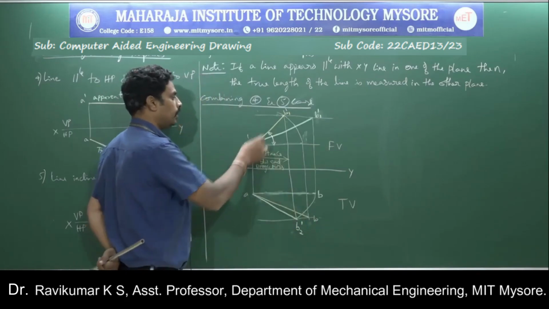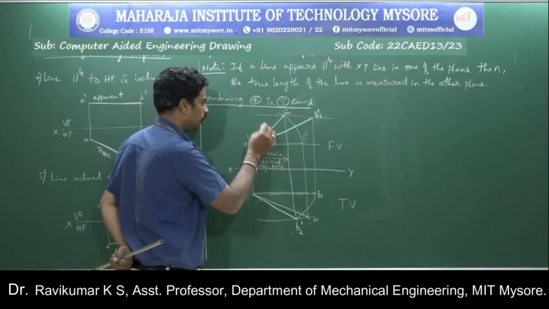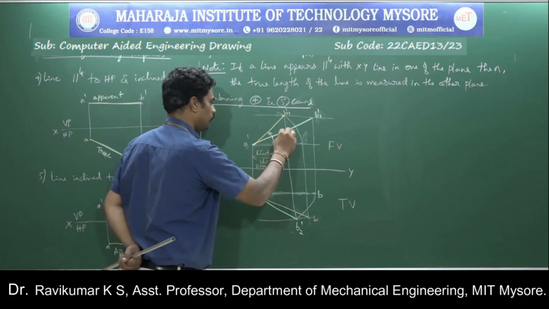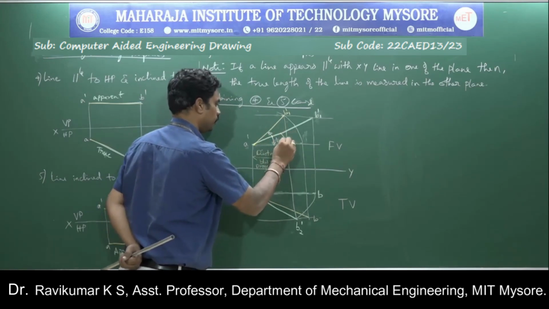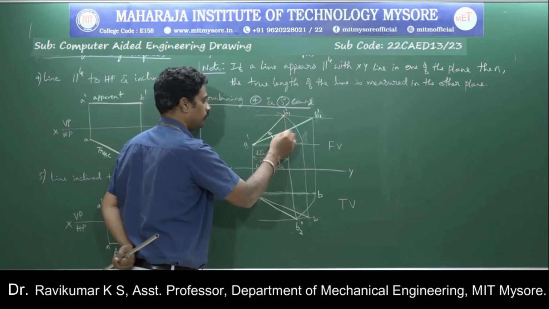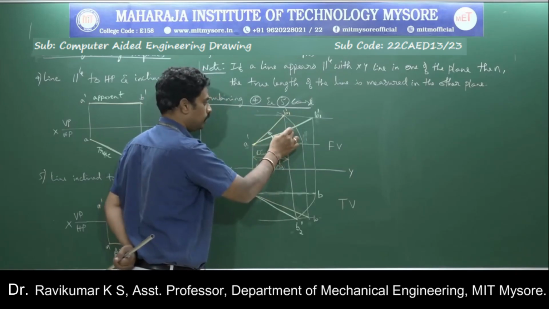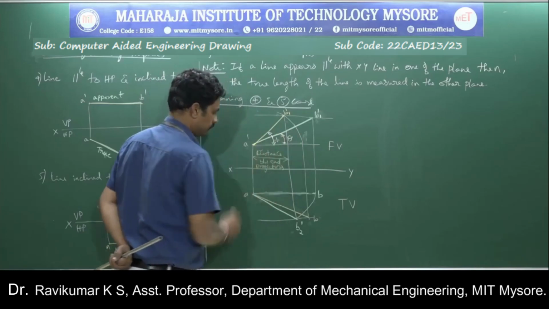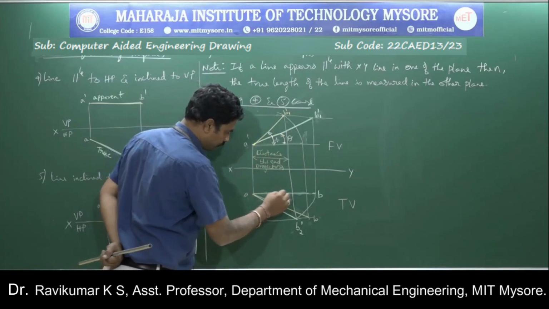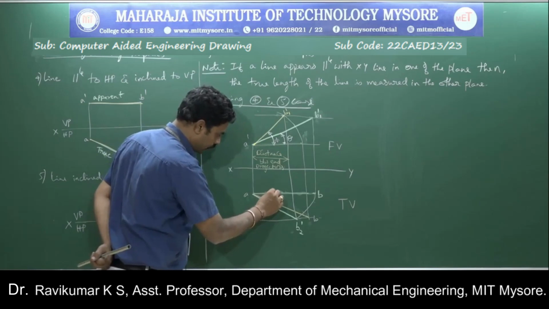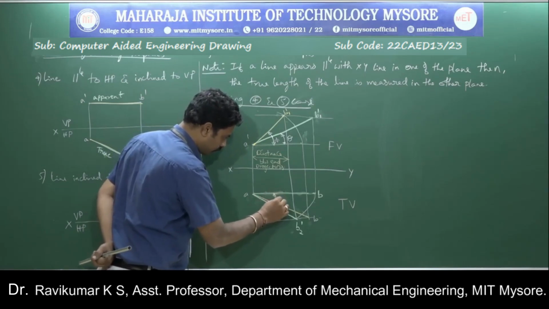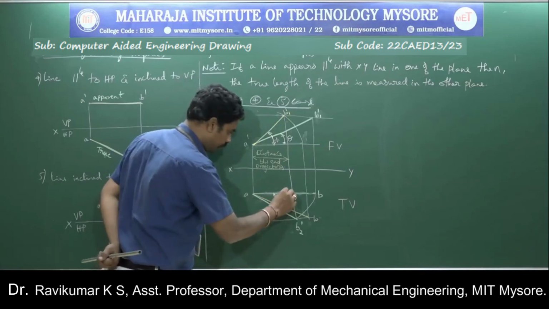If you measure the angle of the apparent length in the front view, it will be called phi. Then the inclination with respect to the xy line of the true length from the top view will be theta. Then from the xy line horizontal, the inclination up to the apparent length is called beta.